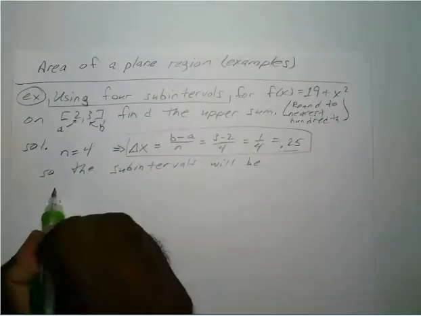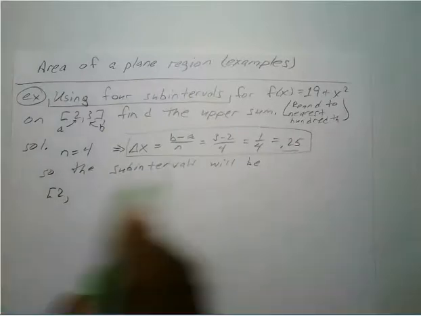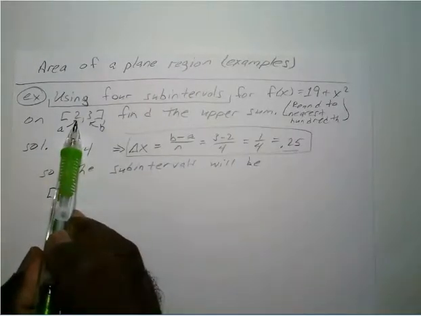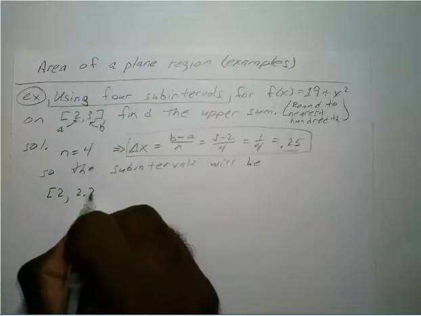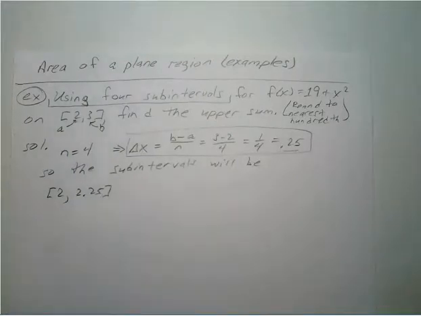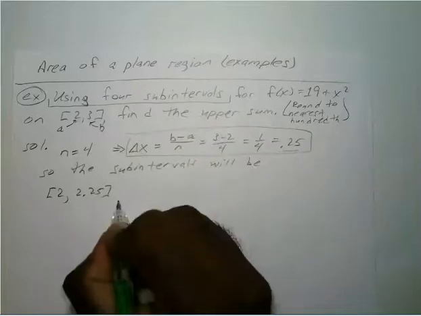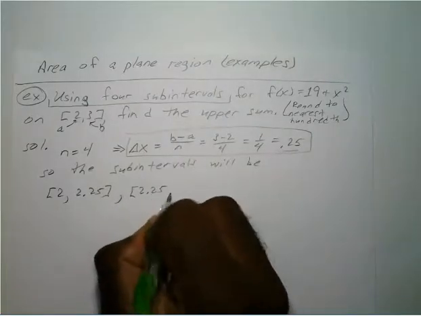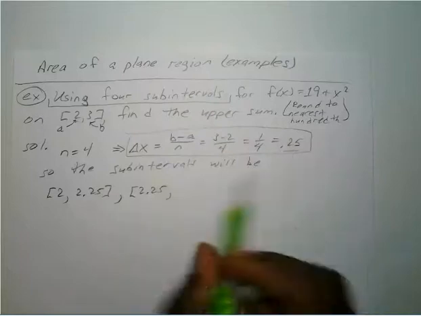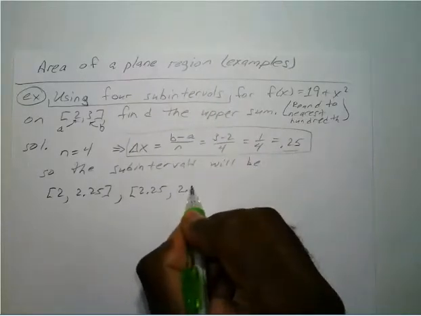again, we're starting at 2, but adding 0.25 to that, we're going from 2 to 2.25. Then from 2.25, we add 0.25 to that, which gives us 2.5.